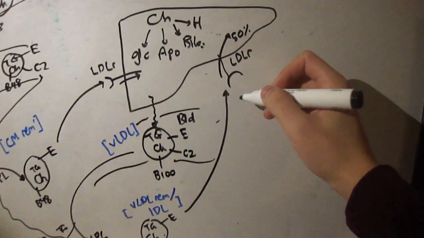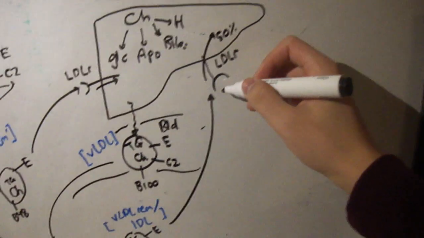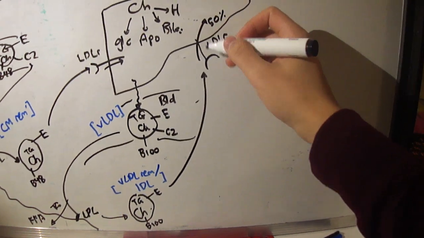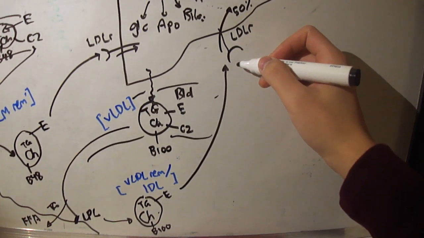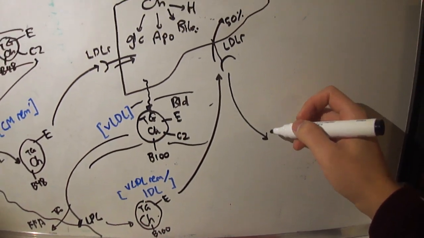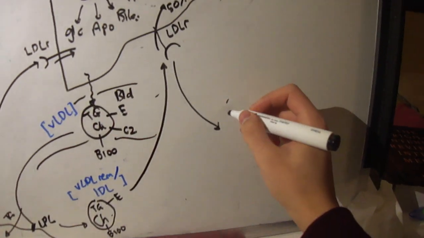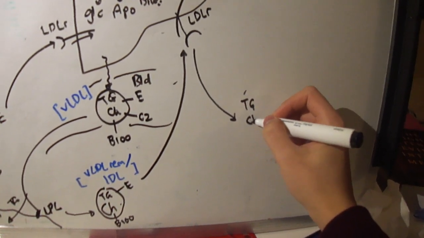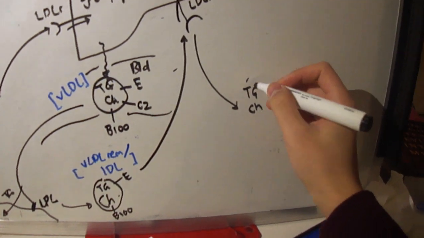The other 50% of the IDL gets recognized by the liver, but it doesn't get taken up. It, in fact, forms another particle with some triglyceride and some cholesterol.